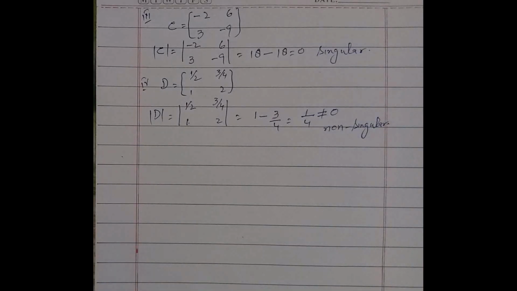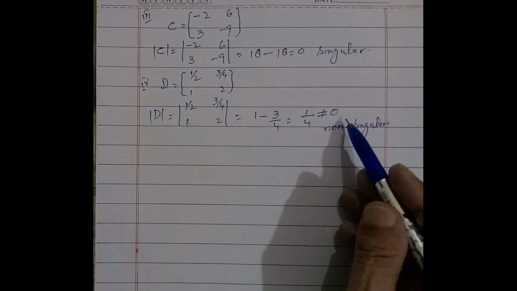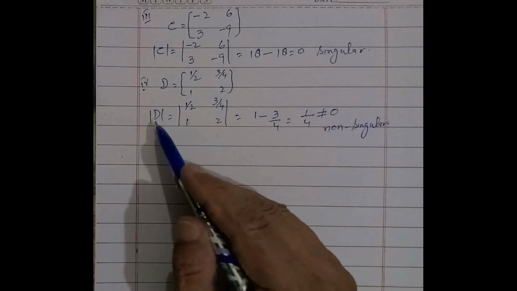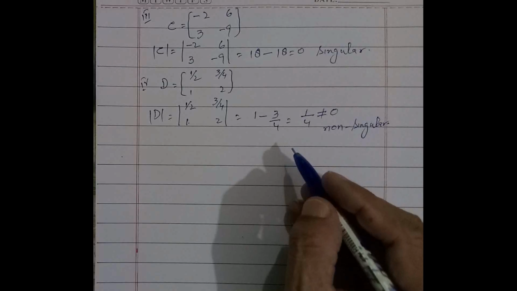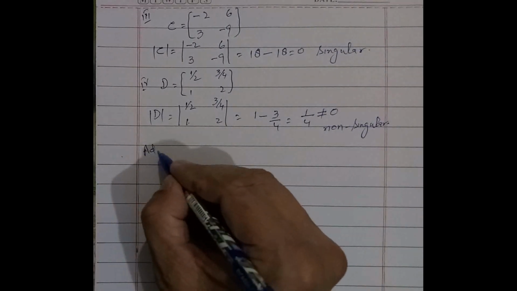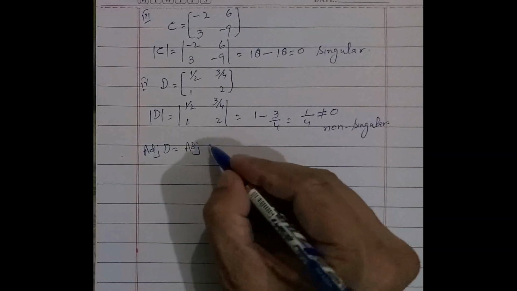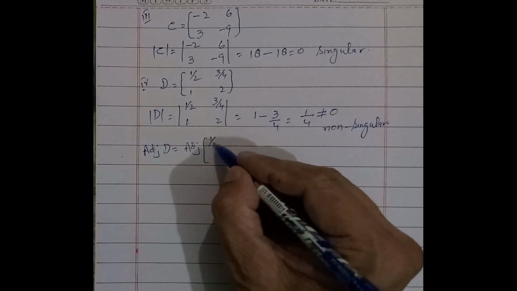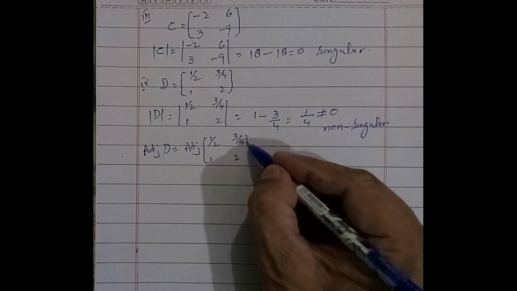And we know that when the matrix is non-singular, we can find the multiplicative inverse. Since it is not equal to 0, we find the inverse of matrix D. After finding the determinant, we find the adjoint. The D matrix is 1 over 2, 3 over 4, 1 and 2.